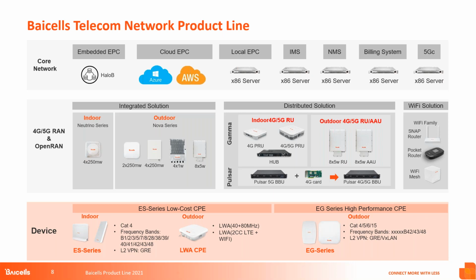The radio and the RAN access side of things, that has radios both indoor and outdoor, as well as for us, we have the CPE devices, which is what I really want to highlight, different use cases on the CPEs, because for us, we've spent a lot of time in our product development and our R&D cycles to bring a full suite of products that solve a variety of different challenges.